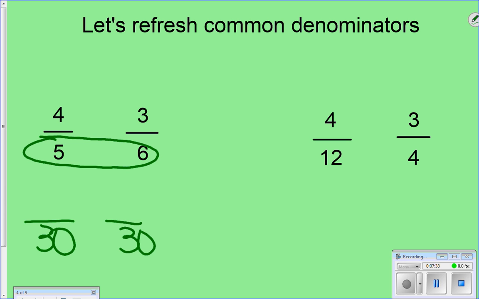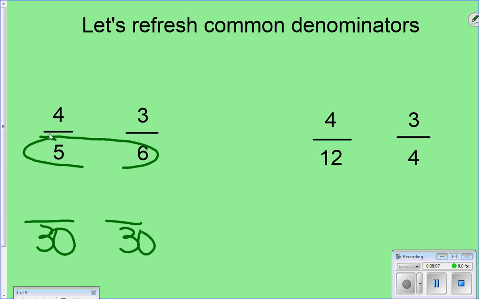Some people will go, oh, well, then it's this. If you change the bottom, you have to change the top. So how do I change that top number again? What do I have to do here? Okay, so if I multiply them, I got 30. Okay, very good.